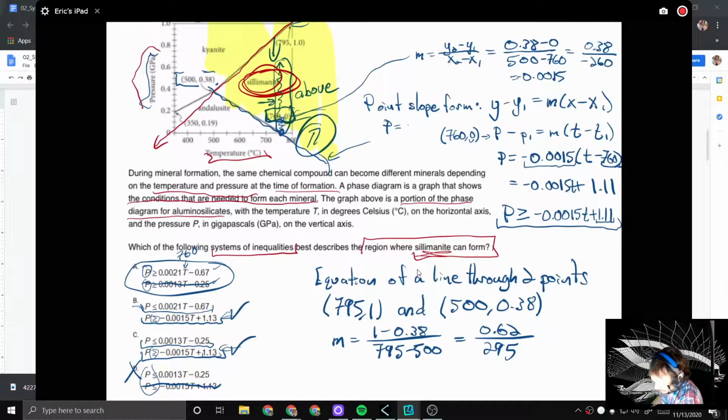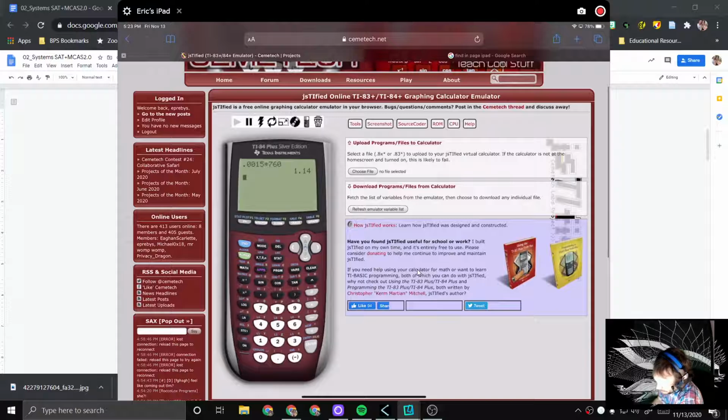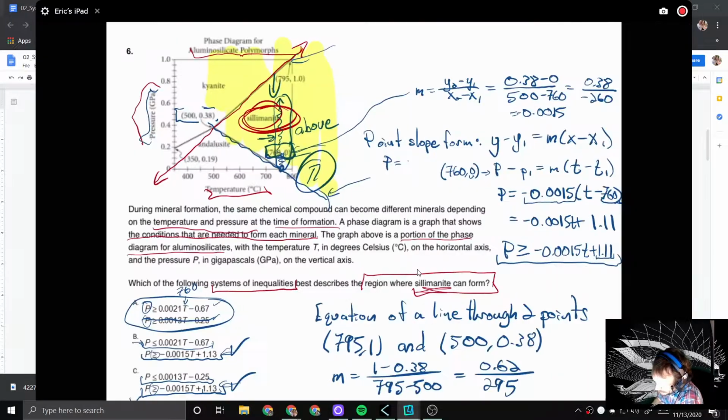And 0.62 over 295, we get a value for our slope of 0.0021, and looking over here, we see that only this equation has that correct slope.